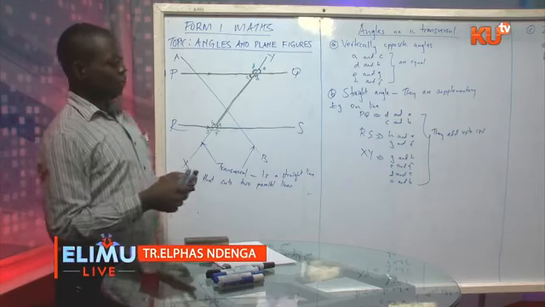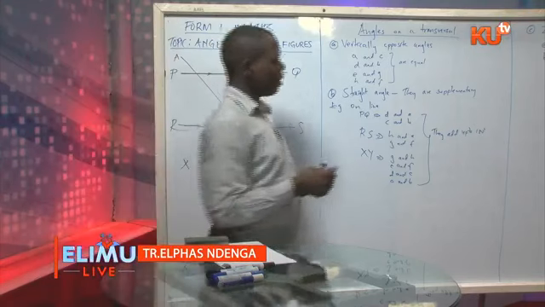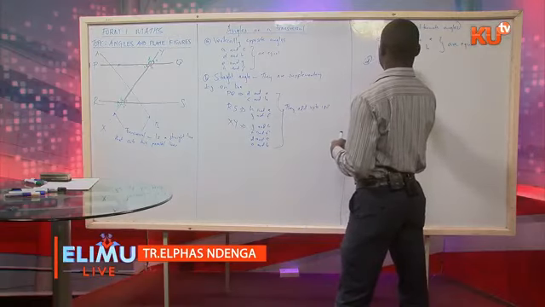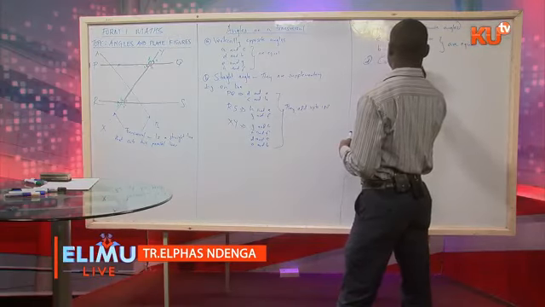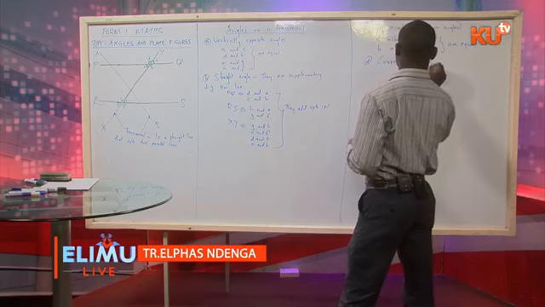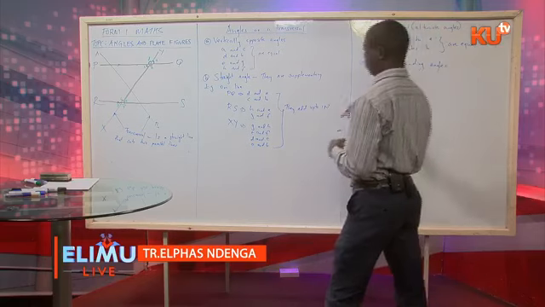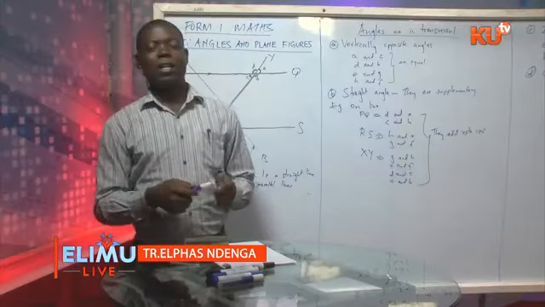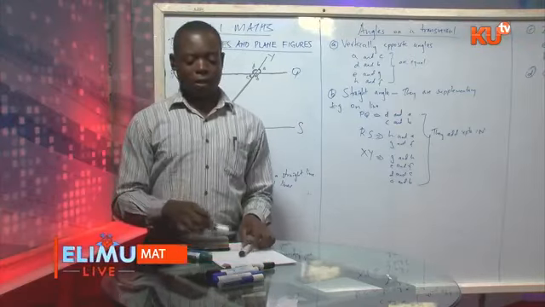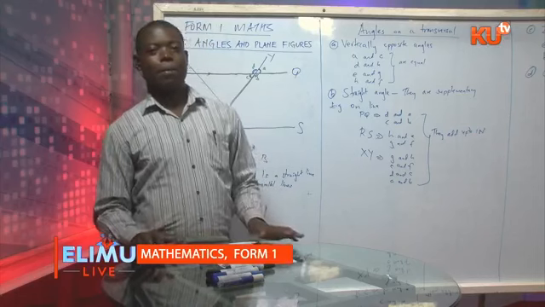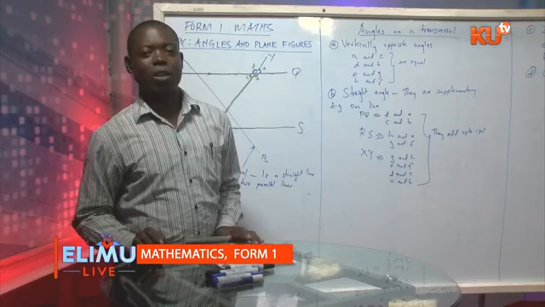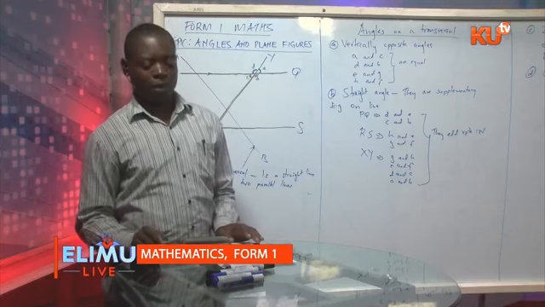After looking at the Z angle, the last type of angle that we look at is what we call corresponding angles. And students, I want you to understand, how do you identify the corresponding angles? Because in this case, mostly what we think is corresponding does not actually correspond to any angle.